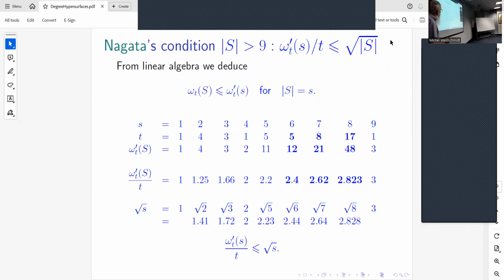And so, in this case, we can look at what is omega prime of s. I take the same picture as before, but I replace omega t by omega prime t.